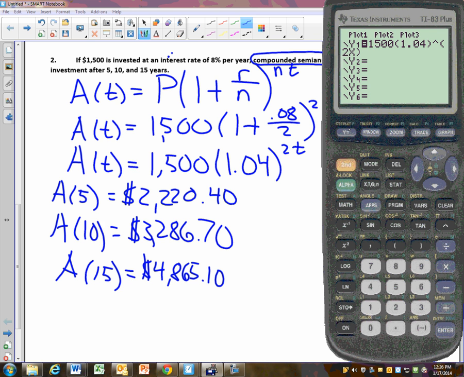And like I said, when you want to check multiple values, it's most helpful to plug it into your table, and that way you can save on keystrokes on your calculator, so to speak. But writing the equation, that's probably the most difficult part for this problem. Anything else before we flip it over? Question?